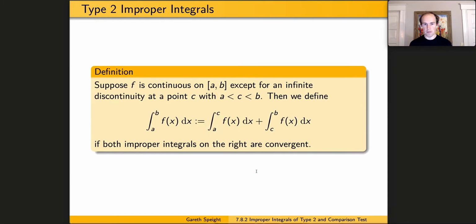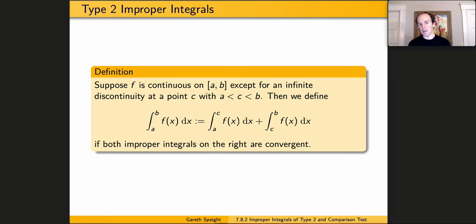Okay, and as you might expect, there is also a question of what happens if the infinite discontinuity is in the middle. So we talked about what happens if they're on either side. If it's in the middle, then we just chop up into two pieces. So if we have a function that's continuous everywhere except maybe at some point in the middle where there is an infinite discontinuity, then we just chop at that point c, and then we end up with two integrals, say from a to c and from c to b.